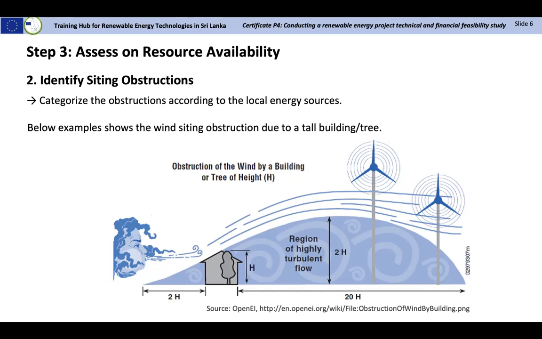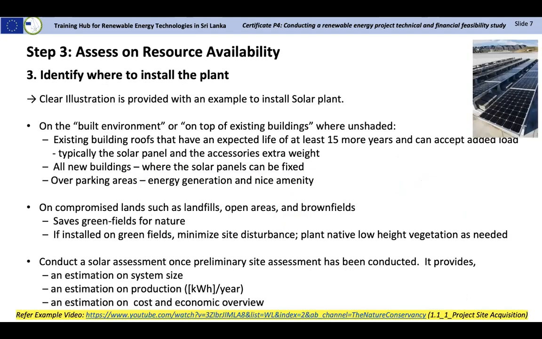So we want to look at that. And then the next one is to identify where to install the plant. That is a very important and keen thing because we want to have a continuous flow of energy without any disturbance. Therefore, location and installation is very important.